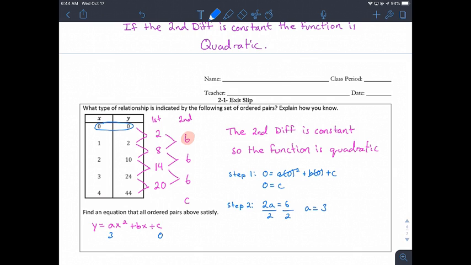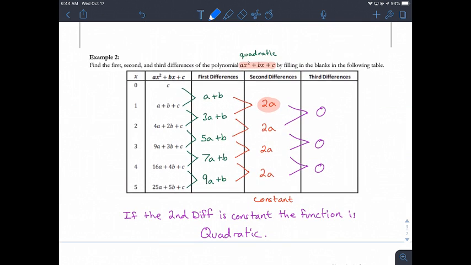Step 3, the last step is we got to find b. So we're going to come back up to this table here. We're going to look for where we find b by itself. Just like before, we already have our a value, so this a plus b is actually just b by itself.